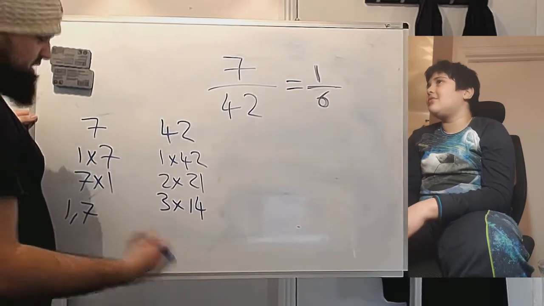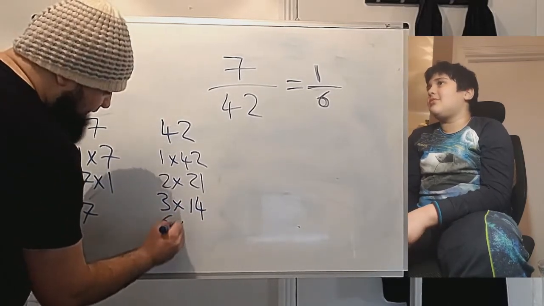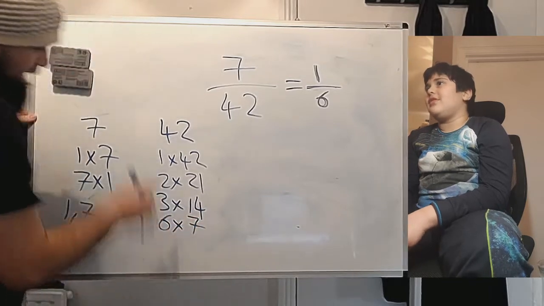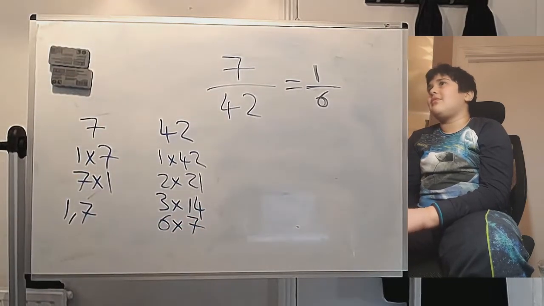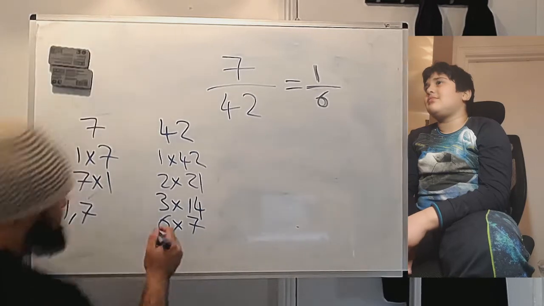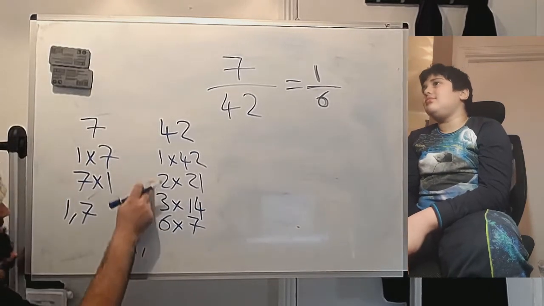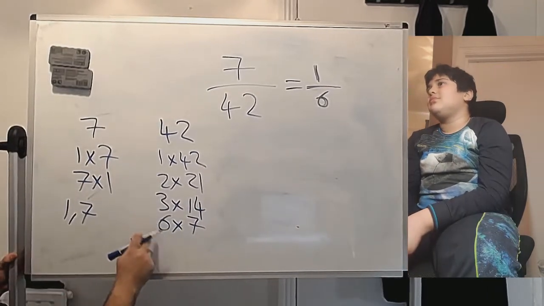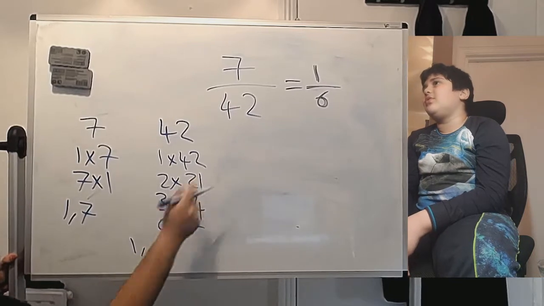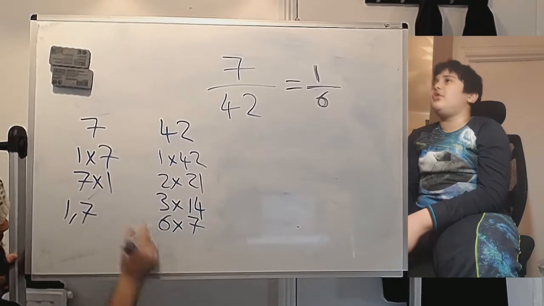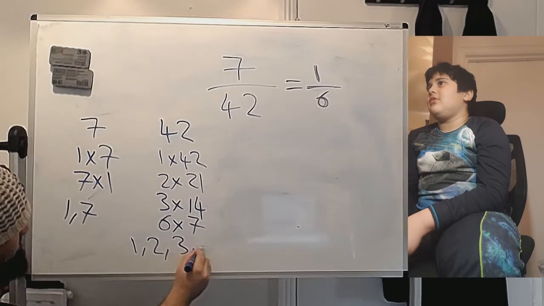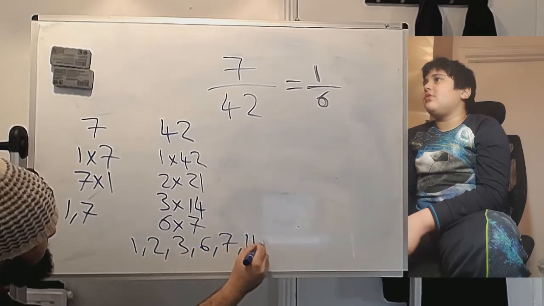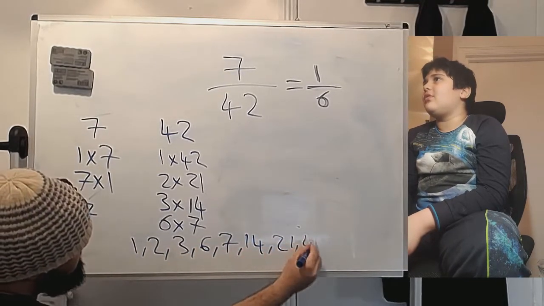No. Does 5 go in? No. 6 goes in, 6 times 7. And I believe the rest just gets repeated. So the factors of 42 are 1, 2, 3, 6, 7, 14, 21 and 42.